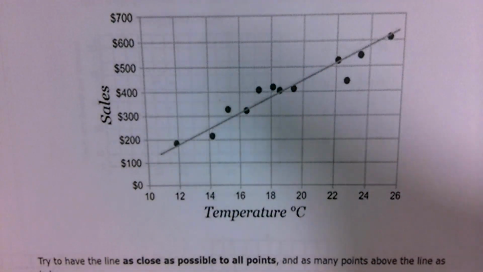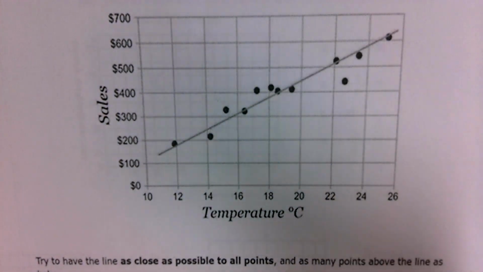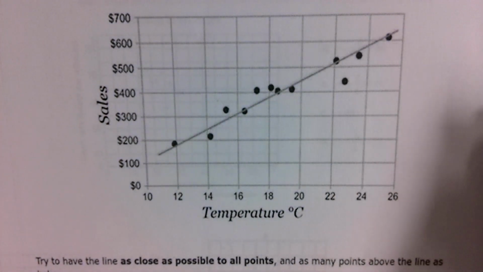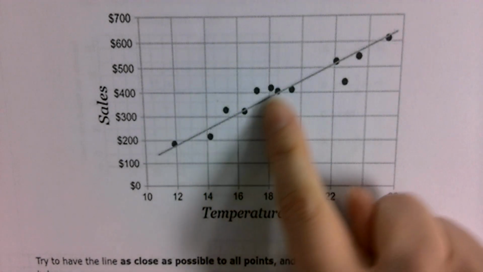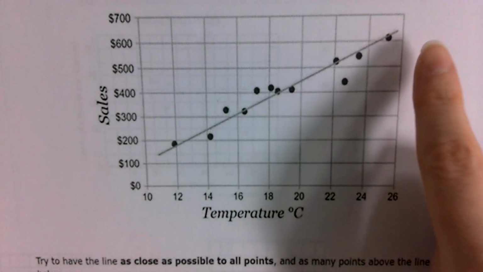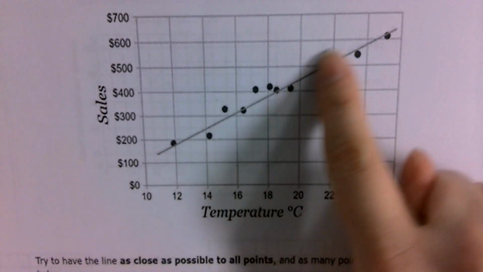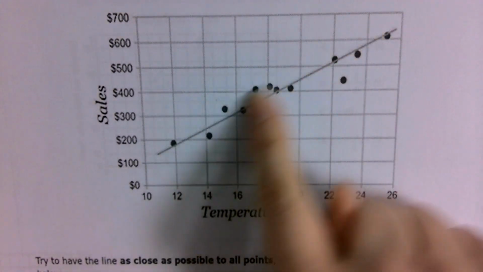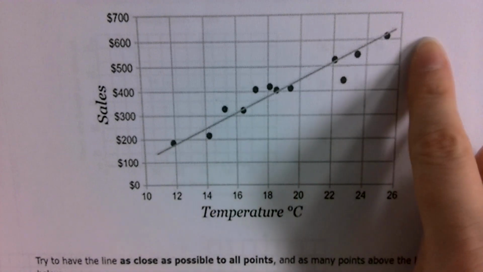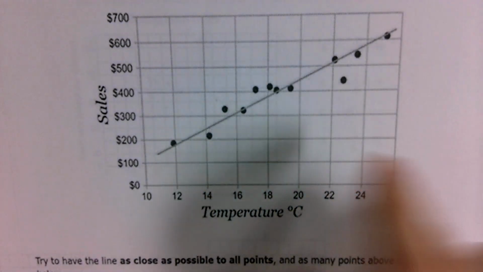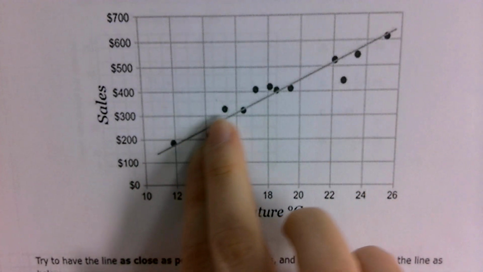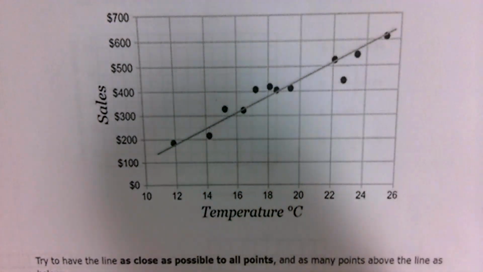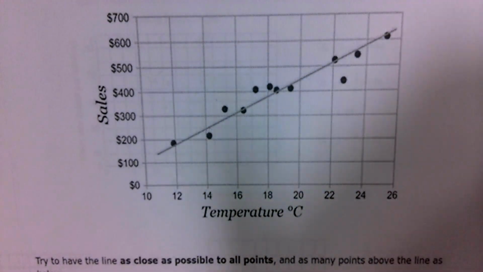When you are constructing these lines, and yes, you are going to be constructing lines for yourself tomorrow, you want to construct it in a way that you've got an equal, or almost equal, distribution above the line as below the line. You want to make sure that it's going centered through the pathway of the points.